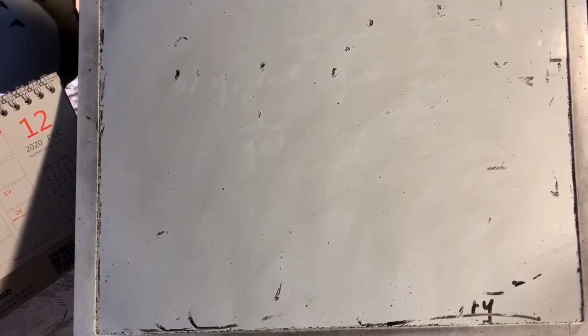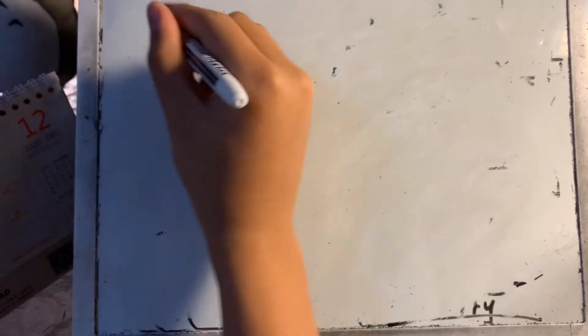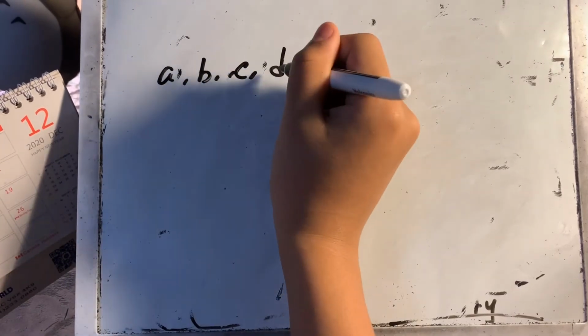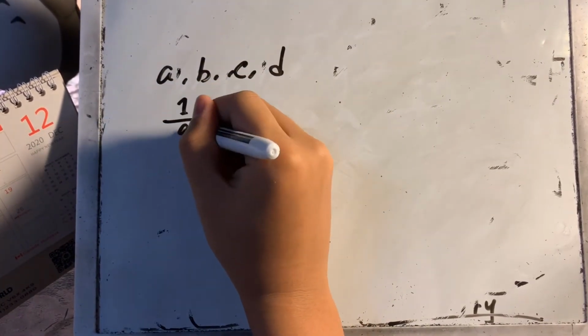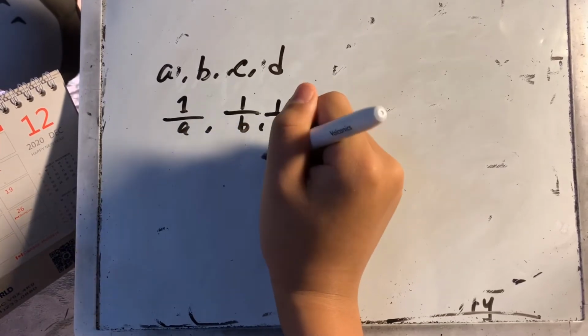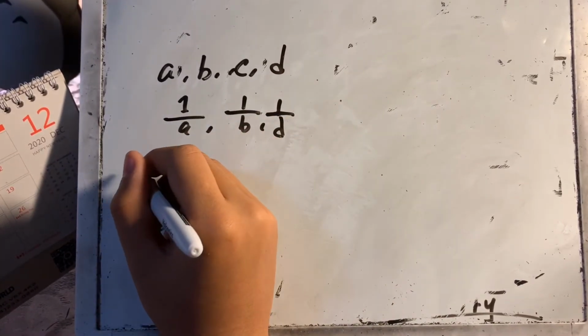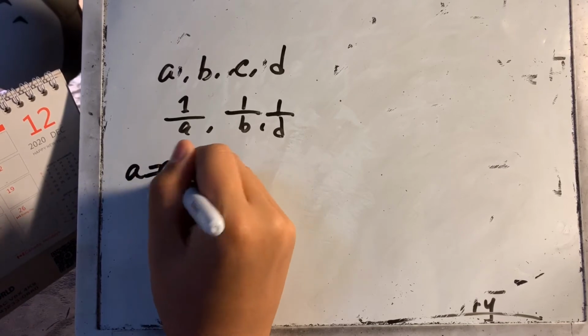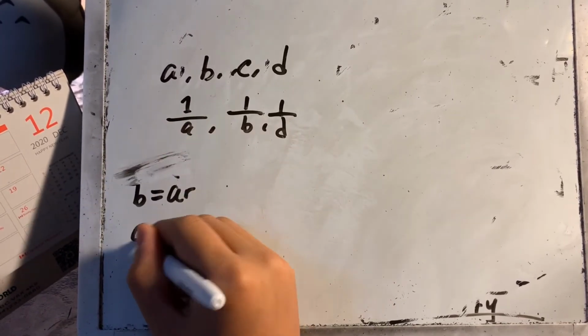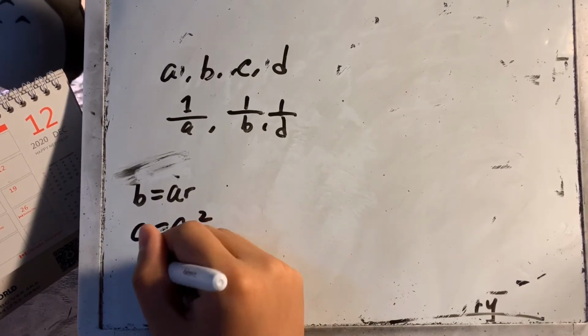Now let's talk about the third problem we are facing. This problem is, suppose that A, B, C, D is a geometric sequence, and this is an arithmetic sequence. So this means that A is equal to A, B is equal to AR, C is equal to AR squared, D is equal to AR cubed.